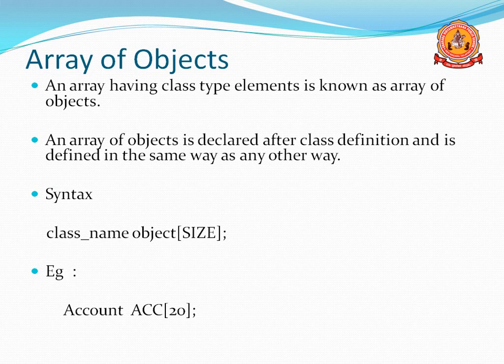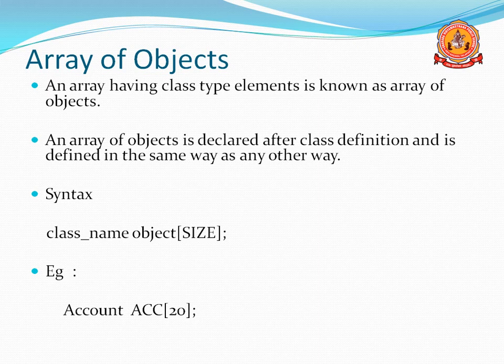An array of objects is declared after a class definition and defined in the same way as any other array.